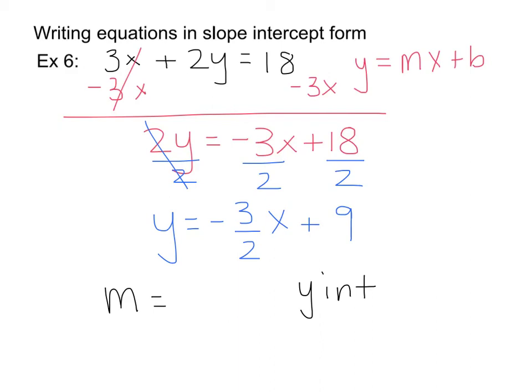So the slope is what is in front of your x when y is all by itself, so my slope should be negative 3/2. And then your y-intercept is your number at the end, so since it's positive 9, my y-intercept is (0, 9). Make sure you're writing it as a point because it's a point that lies on the y-axis.